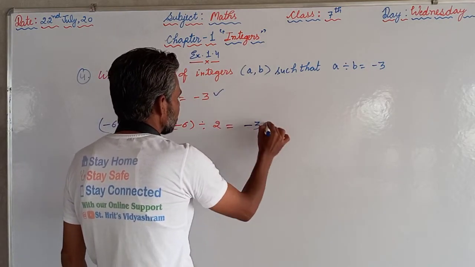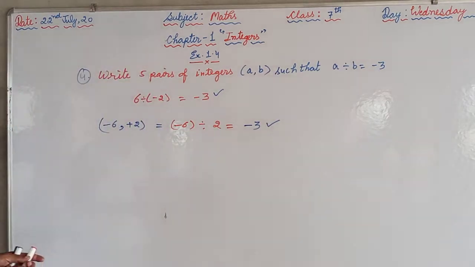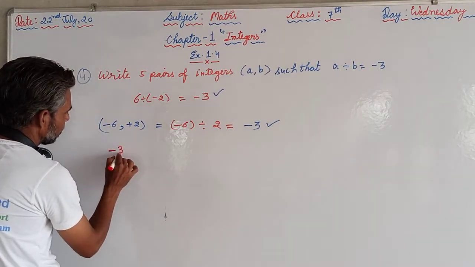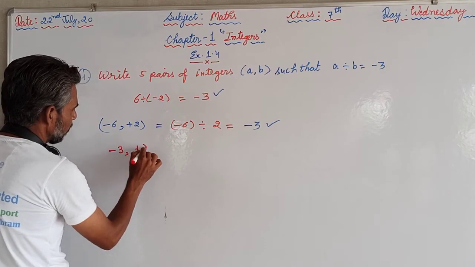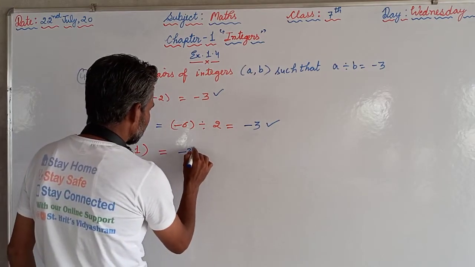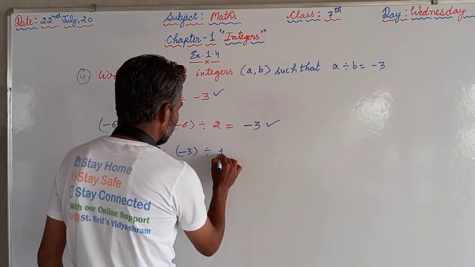That is the same. Again we can find more examples. We can take minus 3 comma 1. So again we can proceed: minus 3 is divided by 1.